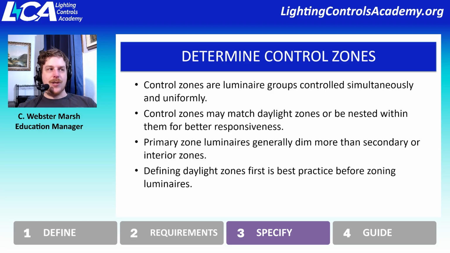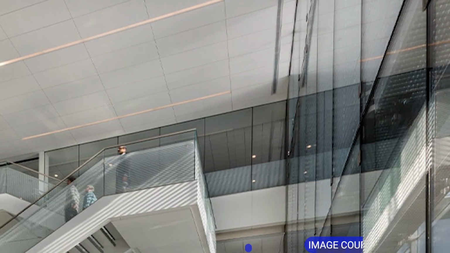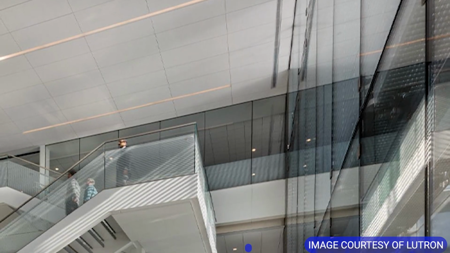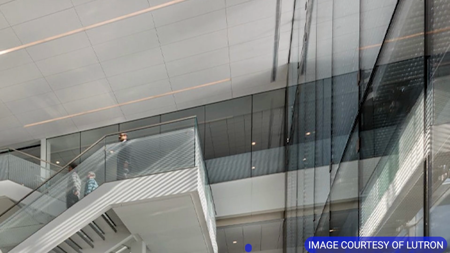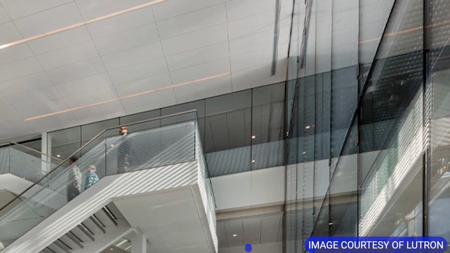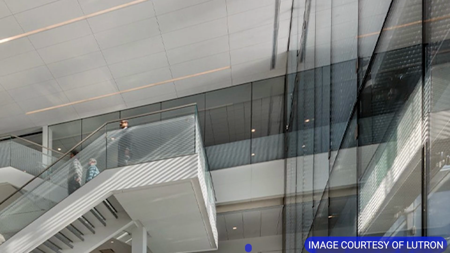But sometimes you may even want to drill that down even further, especially if, say, you have a linear fixture that is spanning multiple daylight zones. How you split that may actually determine the aesthetic experience of that fixture.